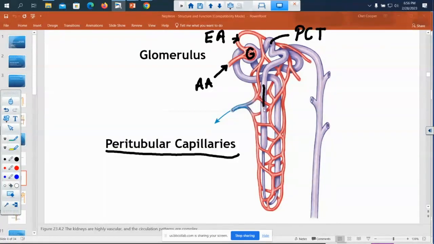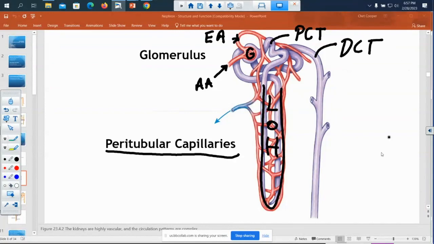Okay, once it gets here, what are we going to call it here? So I'm going to write LOH. And look at this, then it gets crazy. It goes over here, goes through there, curves back around, and comes right here. What are we going to call all that? Distal convoluted tubule.